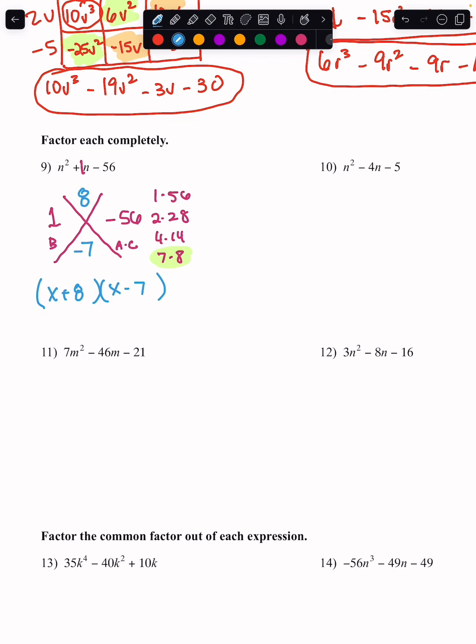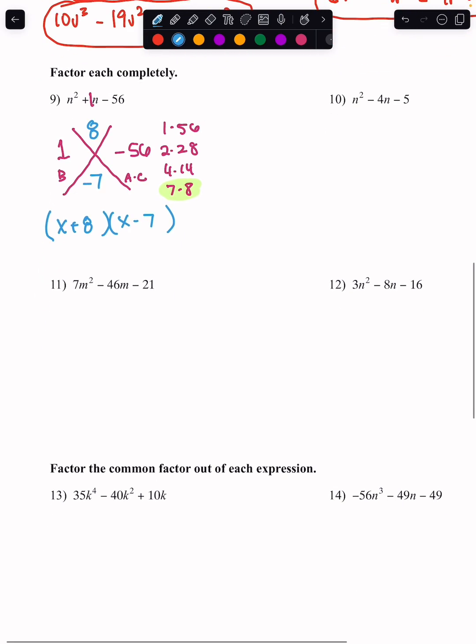Now we have to find the zeros. Let's see if I can squeeze this down here. I wrote that a little bit too big. X plus 8 equals 0. The inverse of plus 8 is minus 8. X equals negative 8.